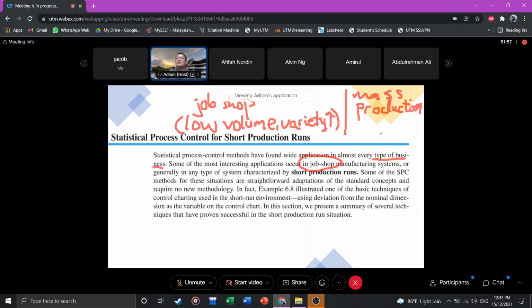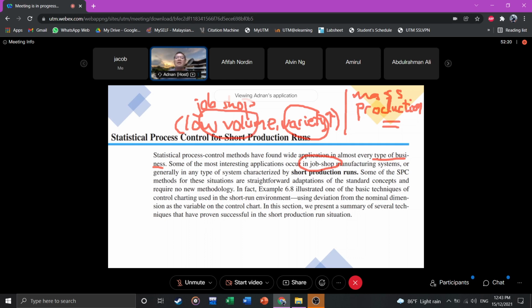Traditionally it was used for mass production, but due to customer demand for a variety of models, they do not want to have a similar product to other customers. So there will be many models, and every time they produce a model it is low volume.